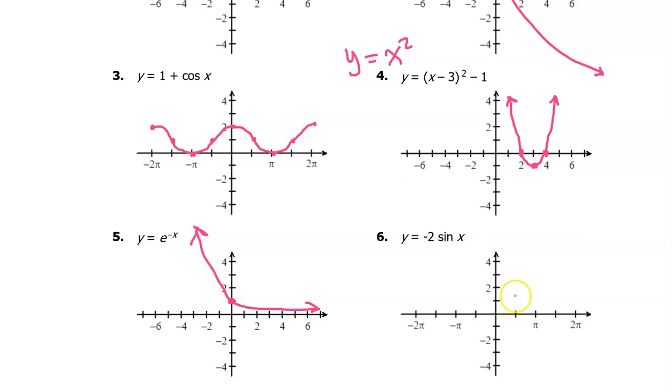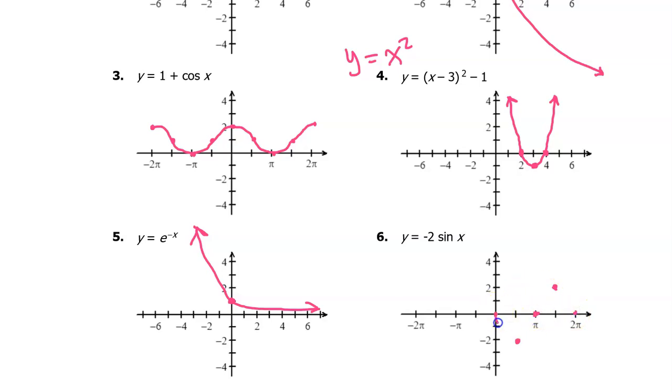All right, so instead of going up like I normally would, I will go down. And I'm showing my vertical stretch by a factor of 2. So I'm going to go down to -2 and back to the midline, up to +2 and back to the midline.